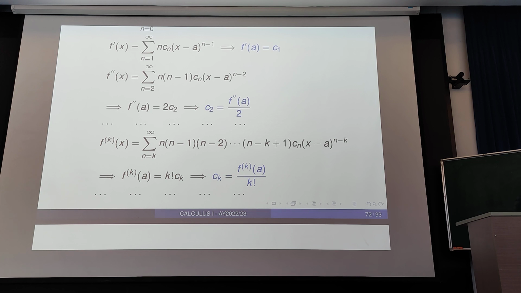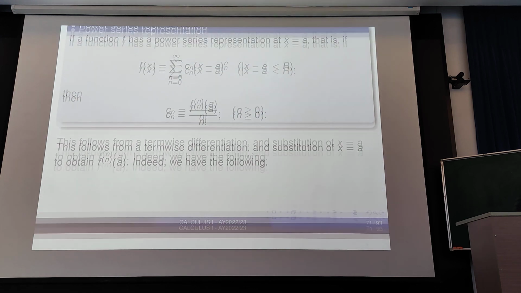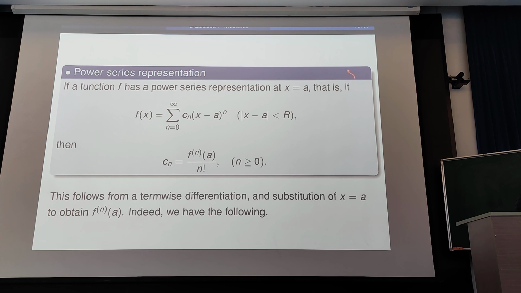That is the idea of how to find the general formula for the coefficient of a power series representation. Okay, so this is the precise form of the coefficient when the function is assumed to have a power series representation.